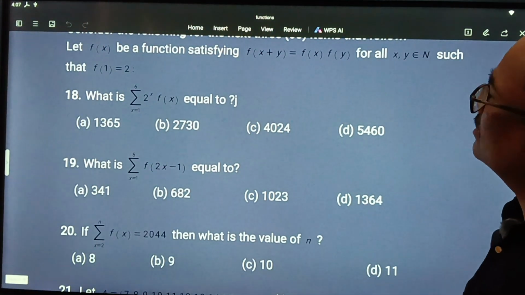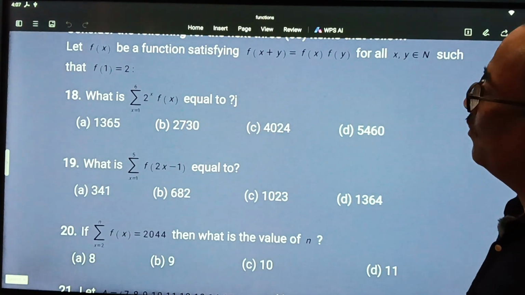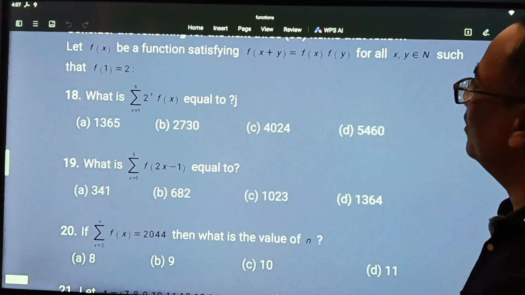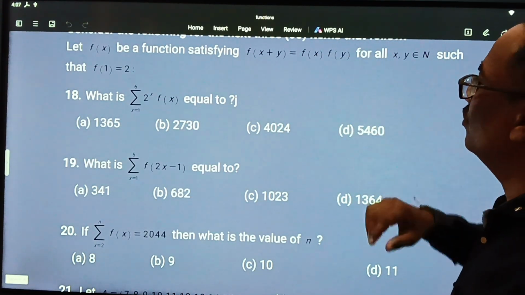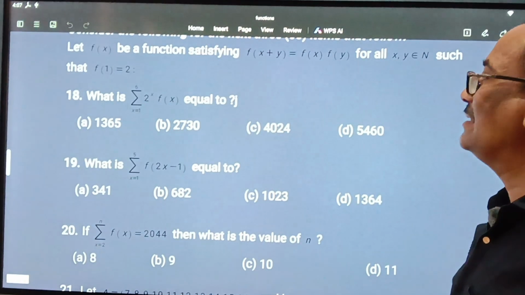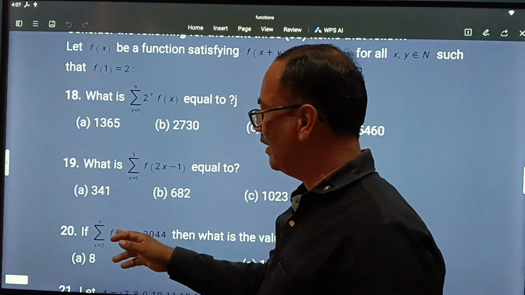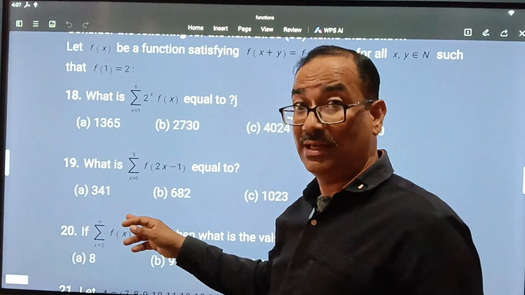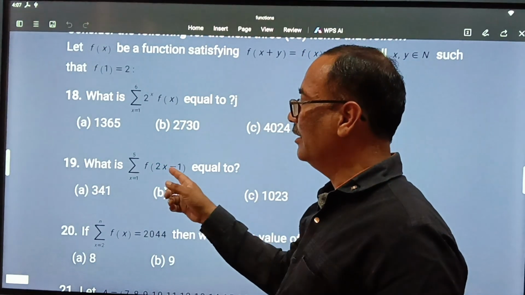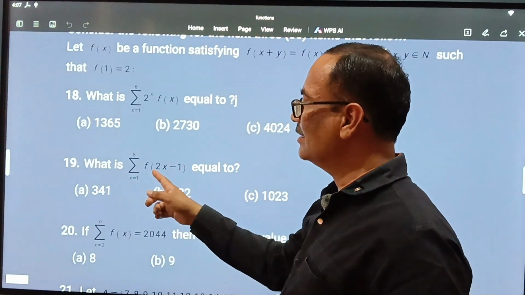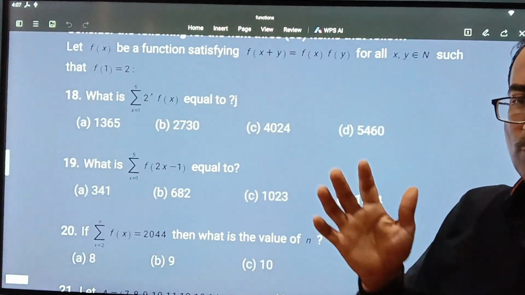So how to find it? f of x plus y is given by f of x into f of y, where f of 1 is equal to 2. We have to find f of 1, f of 2, f of 3.